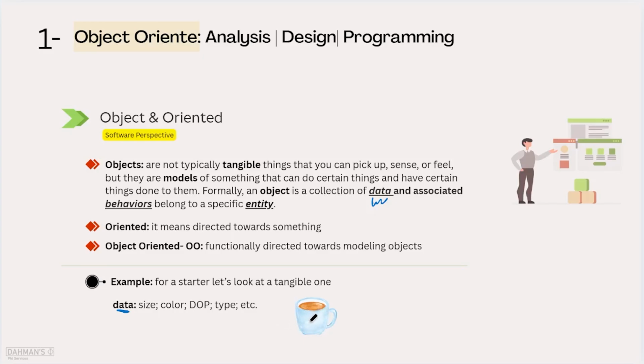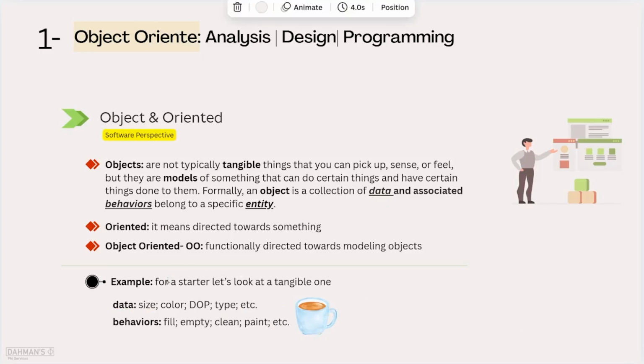In a while, you will see that so many terms are used interchangeably, but they all mean the same. So what kind of data is there about this cup that I have? Well, I can say the size, the color, the date of production, the type, etc. So many attributes that I can associate with the cup. And that represents the meaning of data about a cup.